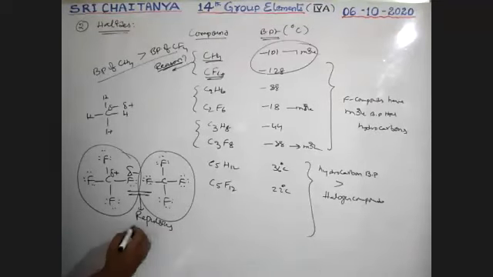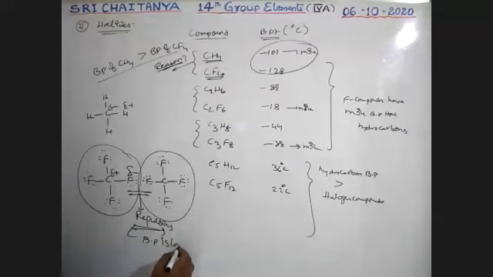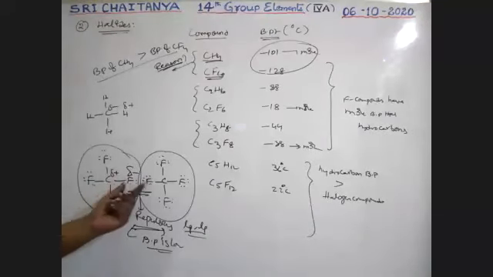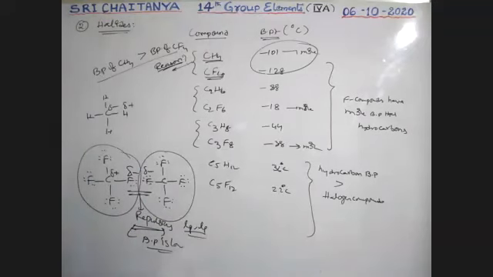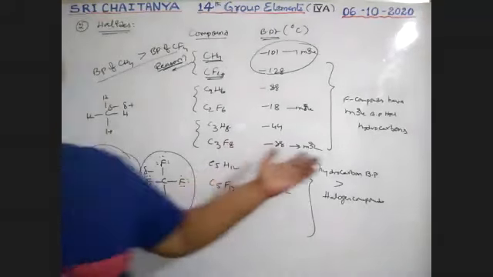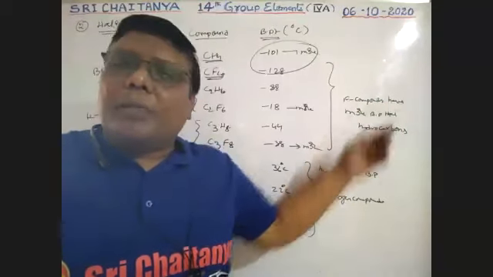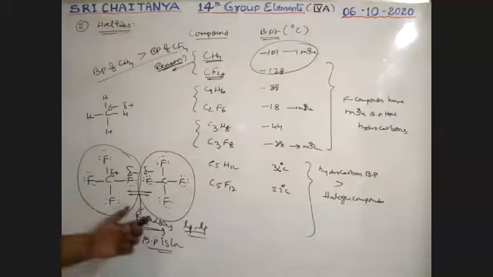Repulsions dominate. Because of repulsions, the boiling point is low. So that means lone pair repulsions are possible. Because of fluorine, this one gets negative charge, this one gets negative charge. CCl4 also, the same thing is applicable.